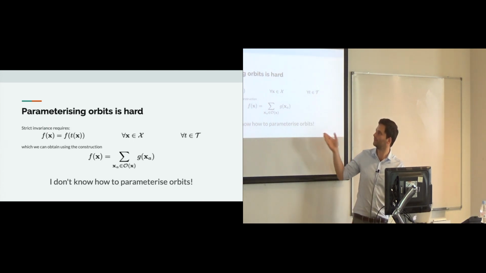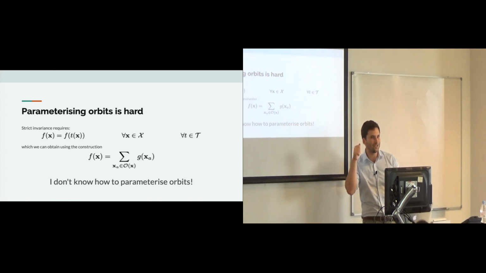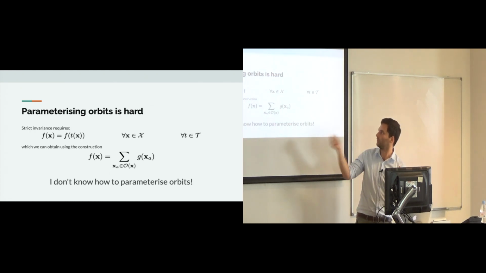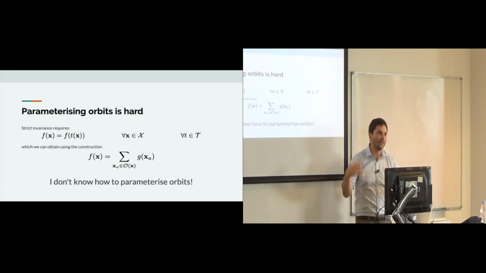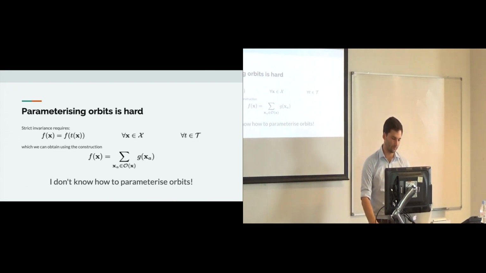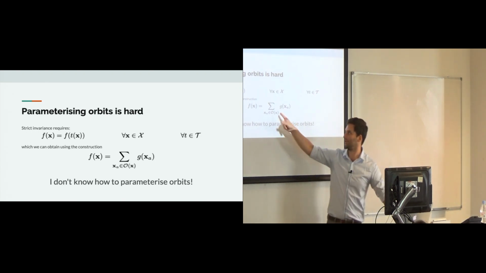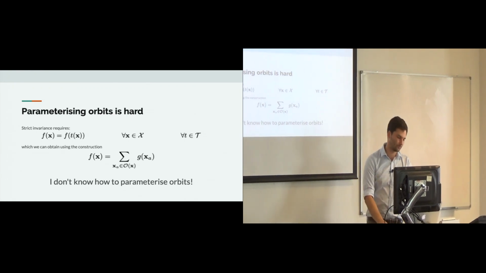So this requires us to parameterize this orbit function that has the property that if we give two different inputs, which might be far away from each other, that can be transformed into each other by these transformations that we're interested in, then this orbit function needs to return exactly the same set of points. Now this is a super complicated requirement, and I'm not sure how to parameterize a set of functions that would have that property.